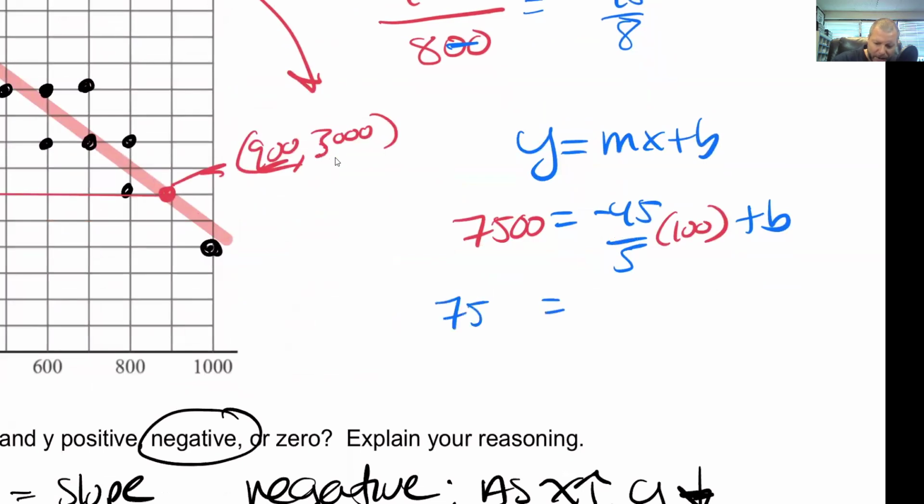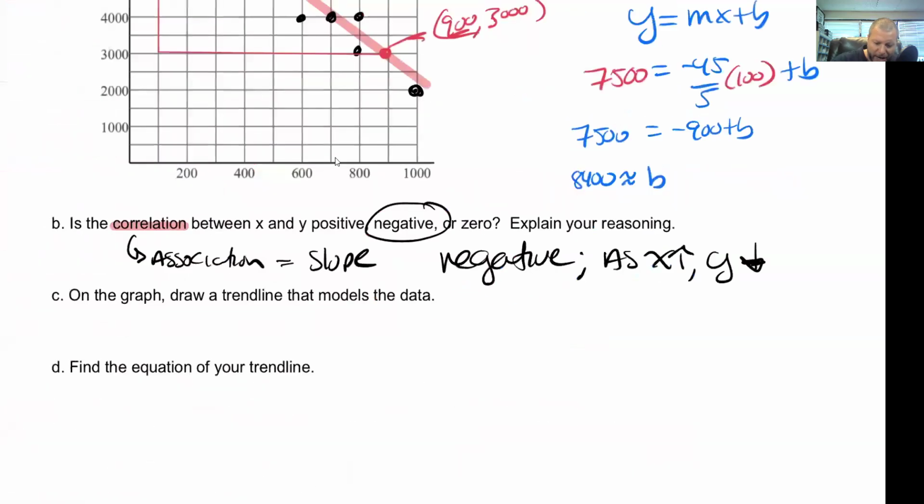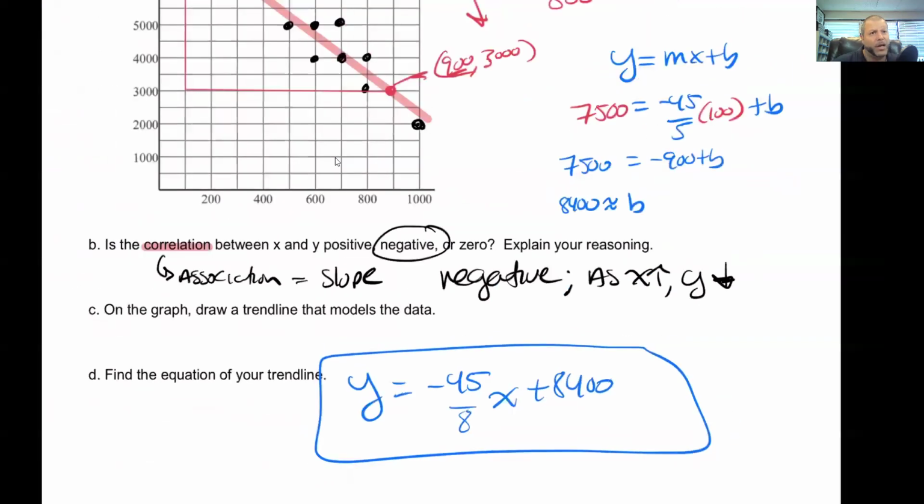We're going to get 7,500 equals negative 900 plus b. So this means b is going to be about 8,400. So our equation, or line of best fit, would be something like negative 45 over 8x plus 8,400, something like that. There's going to be a range of answers that work.